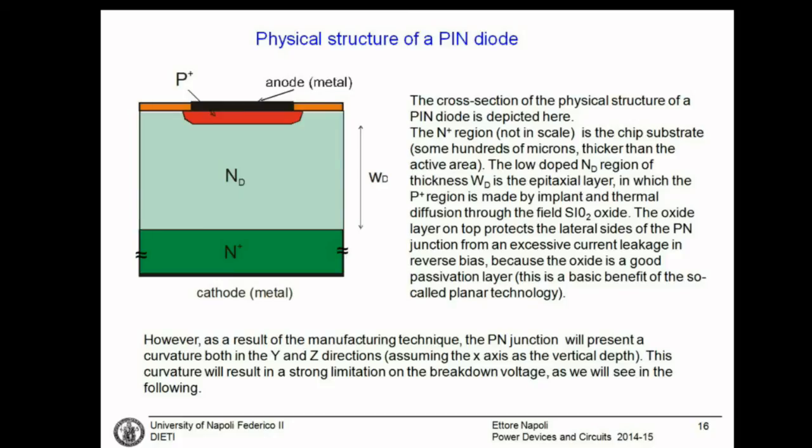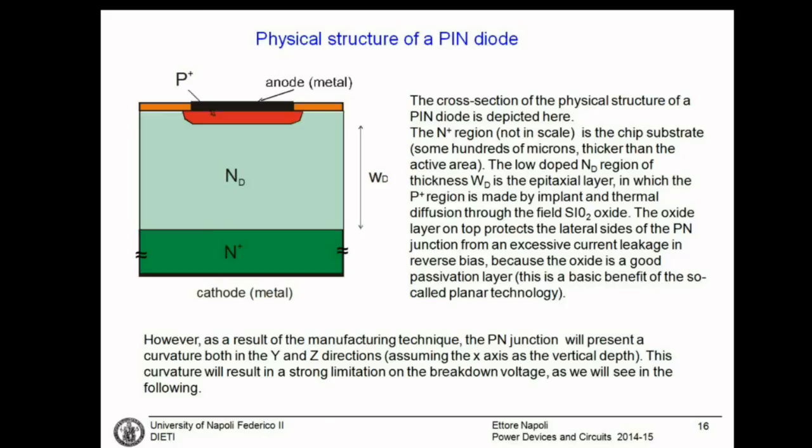The physical structure of a PIN diode. What we have seen now are just schematics, schemes. Also the shape was placed horizontally. This is a more realistic sketch of the section of a power device, that is a power diode. We will have a silicon chip, that is N+, the substrate is N+.